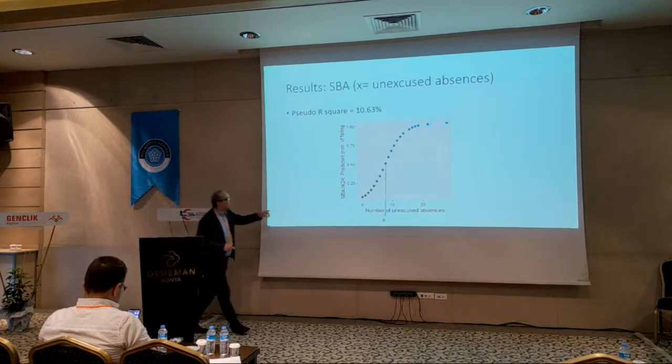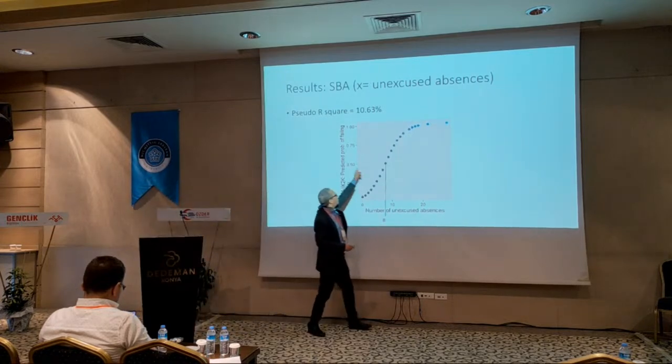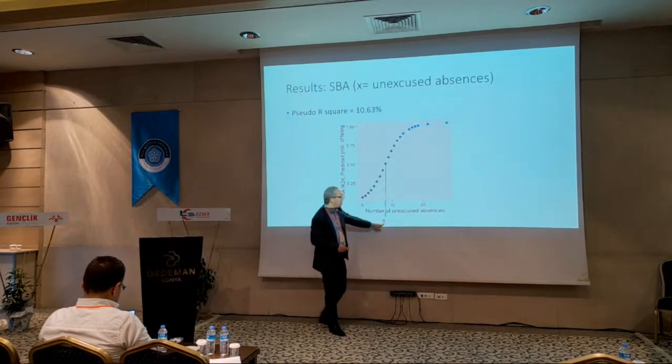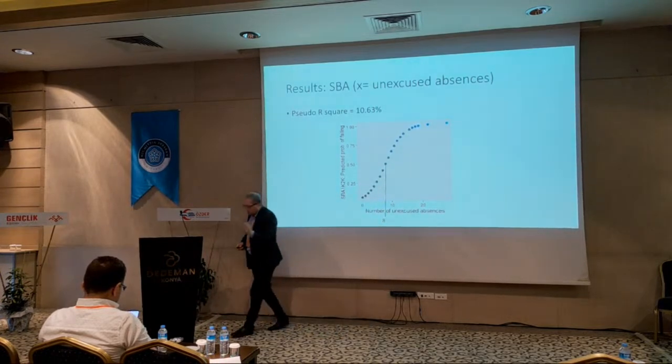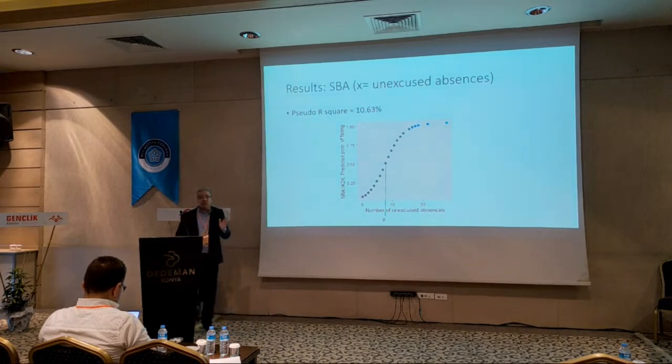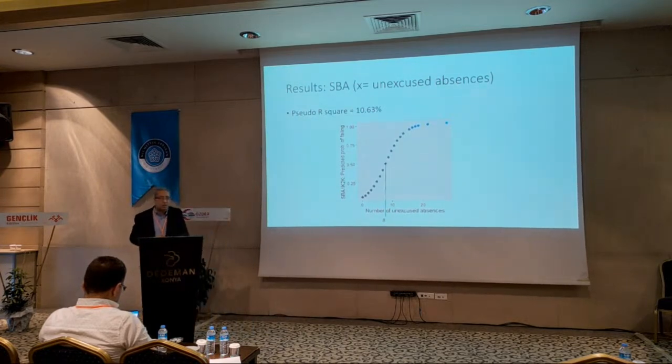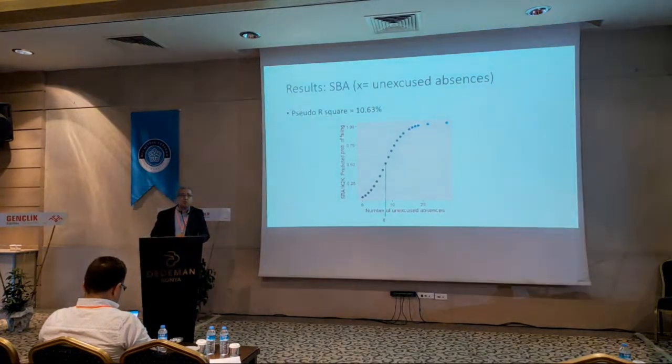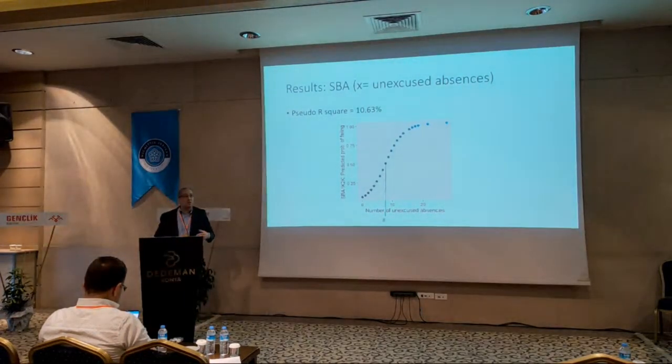So the probability of failing the class reaches 50% if you have 8 absences. You can clearly see that with classes that are a little bit technical, the probability of failing the class becomes more than 50% if the student accumulates 8 absences or more.